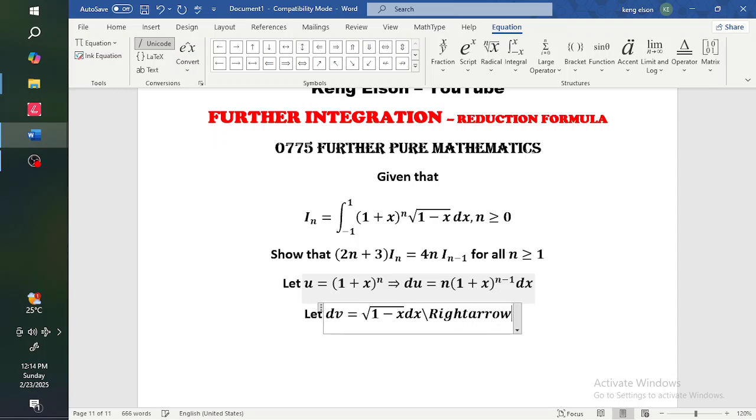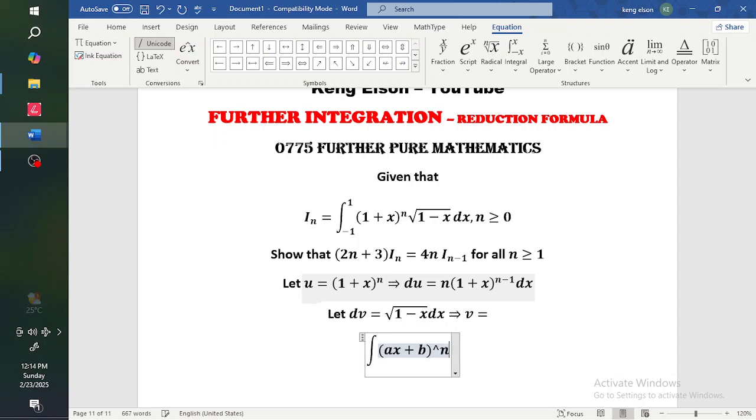So it means that v will be equal to, now let me give a basic recall before I come and get v. If I ask you to integrate (ax plus b)^n dx, what do you do? In the denominator you differentiate ax plus b to have a, then you multiply it with n plus 1, and in the numerator it stays as (ax plus b) raised to the power n plus 1.